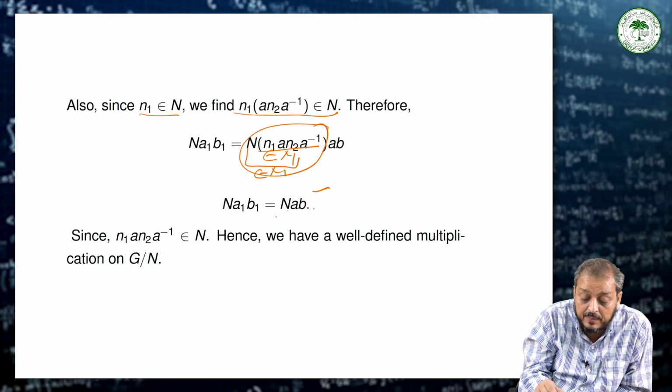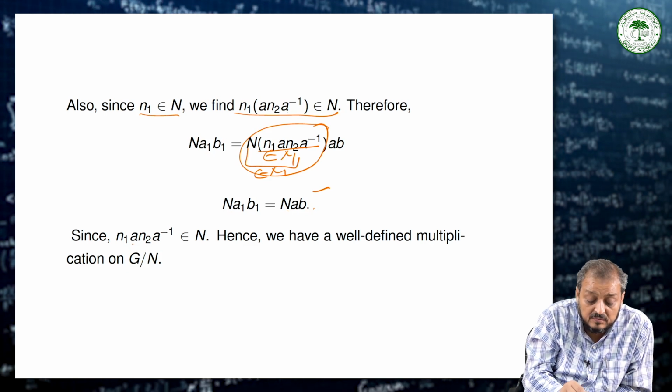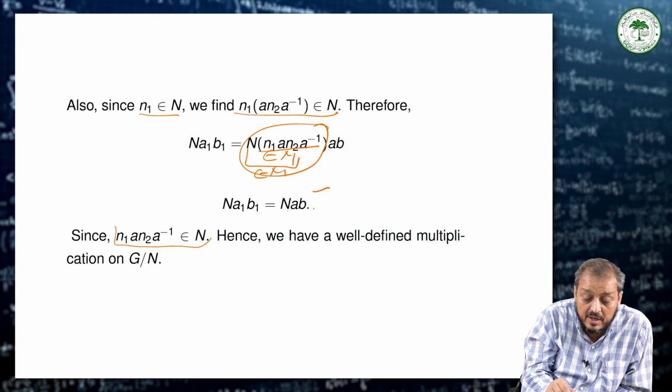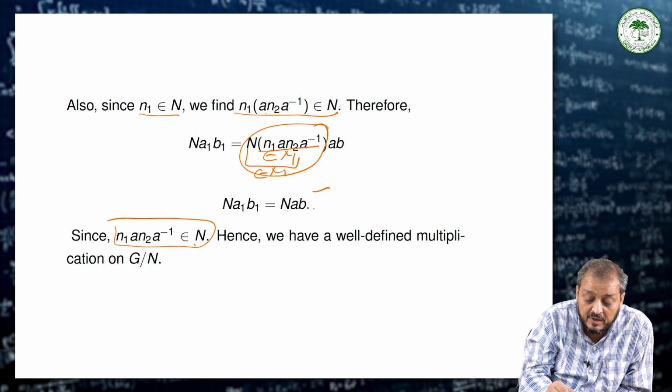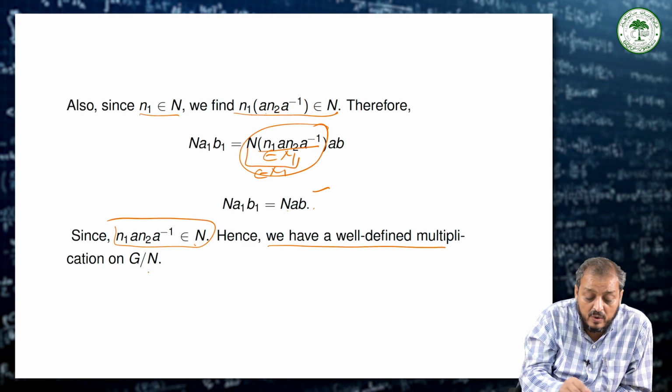And now since we have n1 a n2 a inverse, which is an element of N, hence we have a well-defined multiplication.